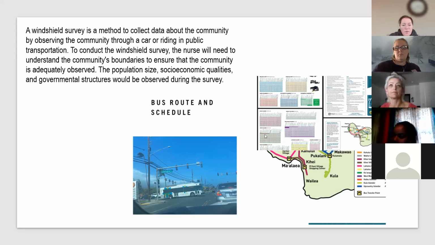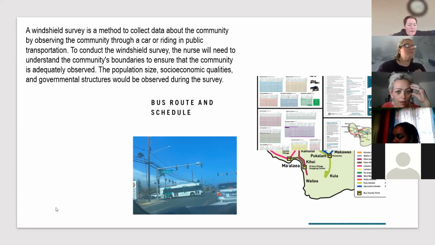So we're going to look at our boundaries and say, okay, it goes for 30 square miles, and it starts at the river and ends at the railroad tracks. When we look at this windshield survey, we're looking at our population size, socioeconomic qualities, and government structures. So it's a question that we may see here about any of this.